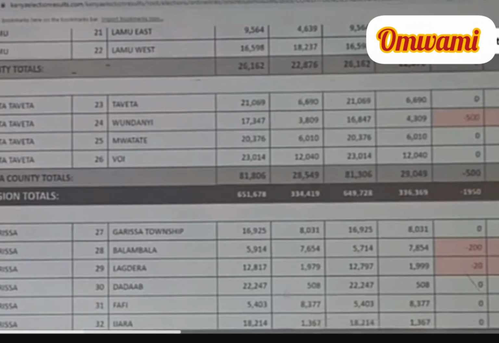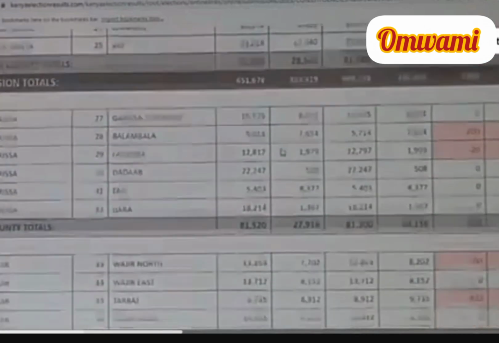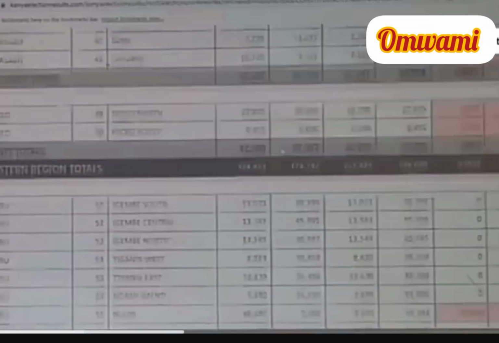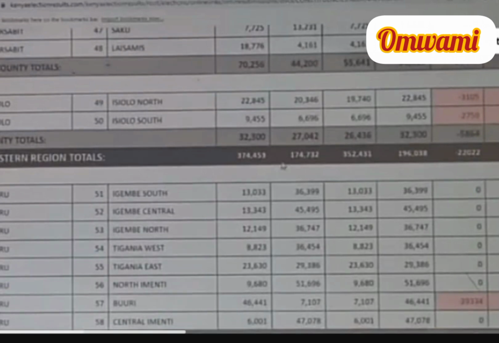Then when we come to Northeastern region, I'll show you again here that now IEBC awarded Jacom 352,000 votes and awarded Dr. Ruto 196,000 votes.